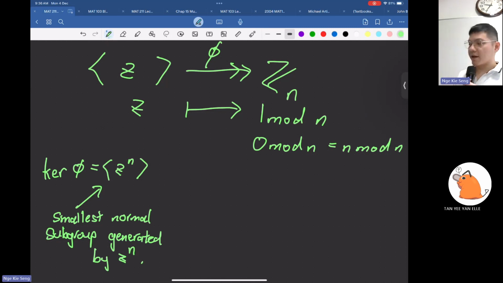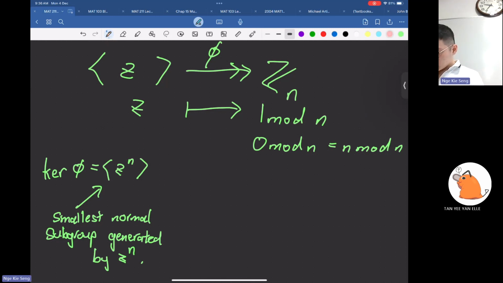Sorry that we don't have extra notation for the normal subgroup generated by Z^n. We just have the group generated by Z^n, so we'll use the same notation. So please don't confuse.